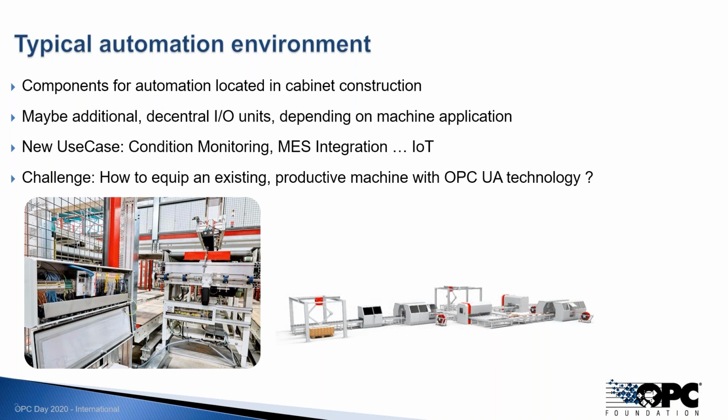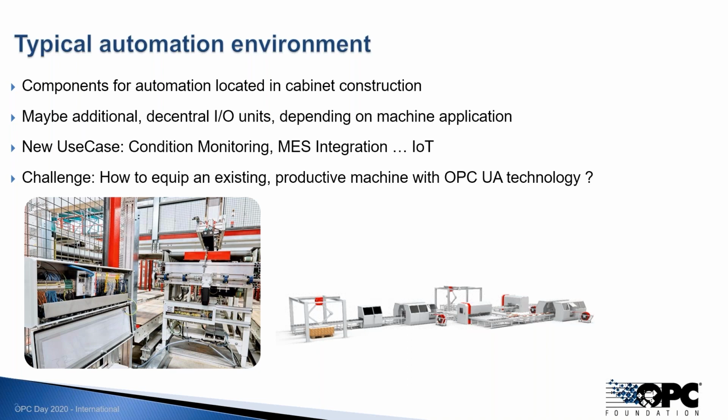So these automation components, like the controller, the actual PLC, and the IO components, are usually located within a cabinet. This cabinet then is equipped to the machine, but quite sometimes the I/O system is also located directly on the components, on the engines, on the components of the machine.